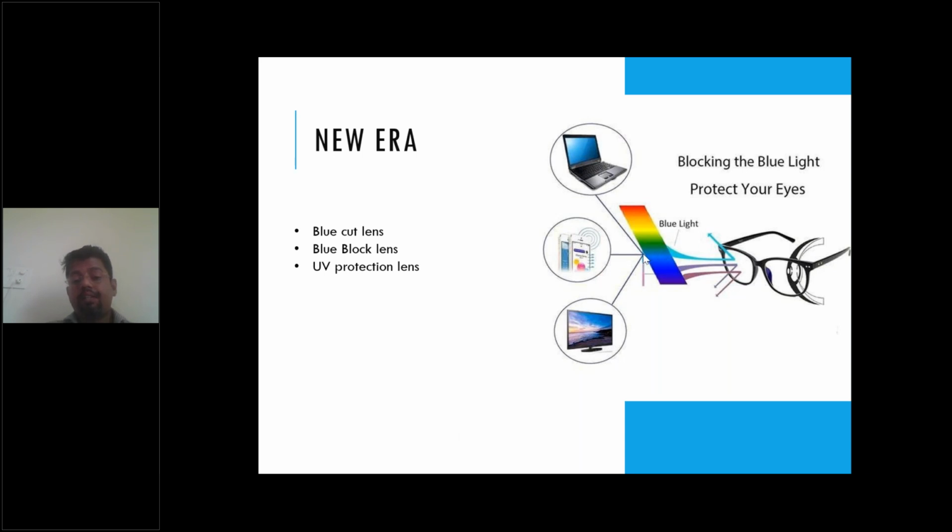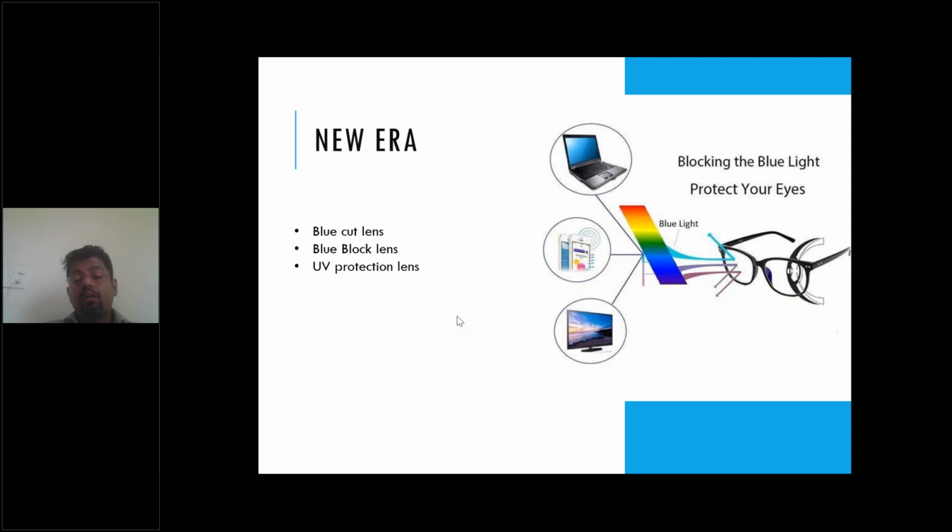As you can see here, the harmful blue light is cut by these blue cut lenses or blue block lenses. There are some lenses in the market which tend to cut even the normal blue rays. As we all know, white light consists of 7 colors, VIBGYOR: violet, indigo, blue, green, yellow, orange, and red.